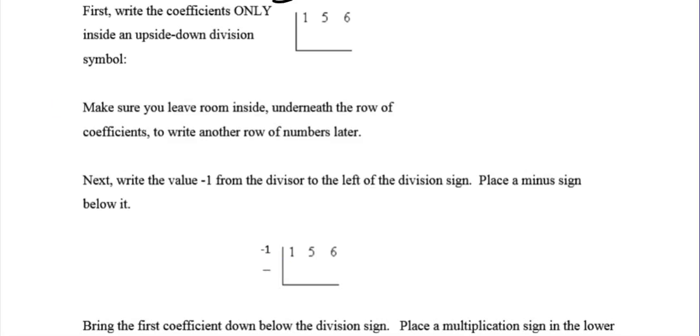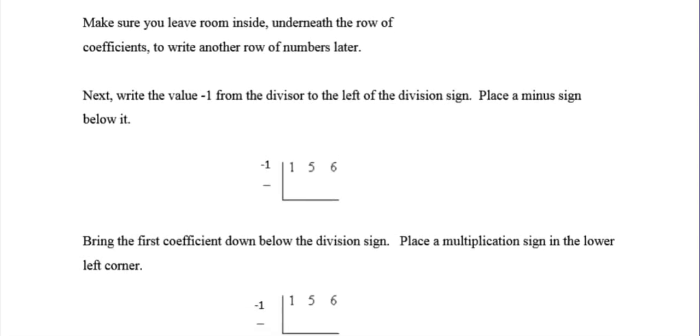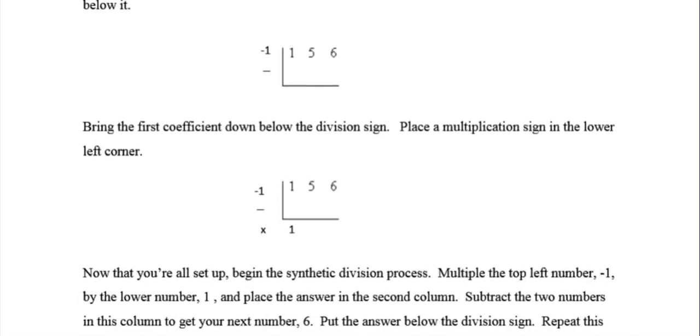Okay, so we're all set up to do our synthetic division. We took our coefficients, these are in order. We took our negative b, if you will, because b is if you take the opposite sign, but this is really the negative b. And we're going to get started. And we're going to put a little multiplication sign in the lower part.